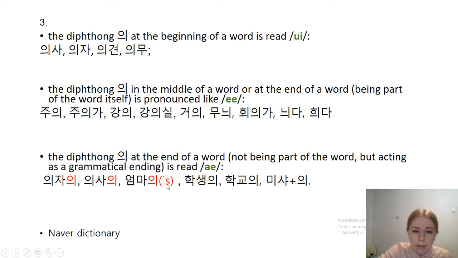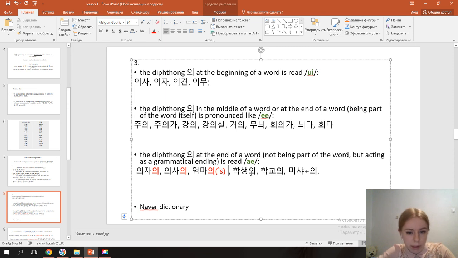This 의 means something is belonging to someone, you know. Or for example, 학생, it's about student. And if I say 학생의, for example, something like book, check. So I say 학생의 책.